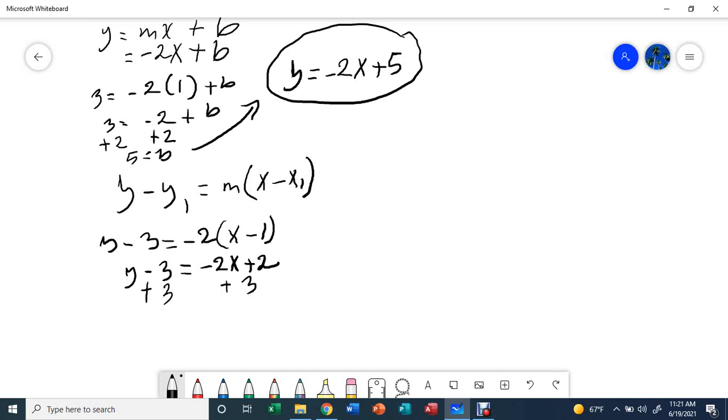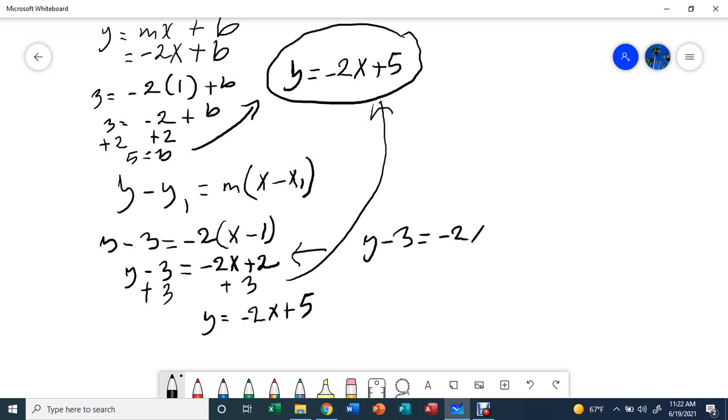So you get y equals negative 2x plus 5, which is the same thing we got before. So you can change it to the slope-intercept form like this, or you can just leave it like this in the point-slope form: y minus 3 equals negative 2x plus 2.